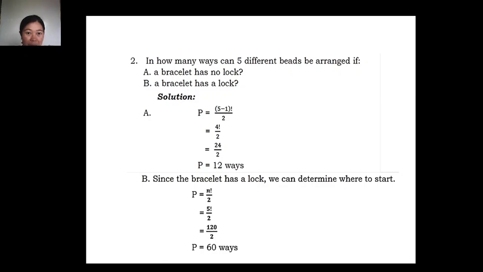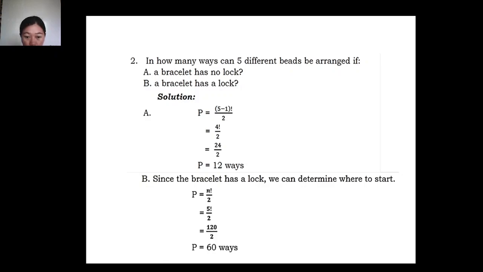Then for letter B, sabi dun with lock. So, the formula that you are going to use for letter B, if it is with lock, is just n factorial over 2. So, ilan yung beads? So, we have 5. So, for the numerator, n is equal to 5 factorial over 2. And what is 5 factorial? That is 5 times 4 times 3 times 2 times 1, or 5 factorial is equal to 120.